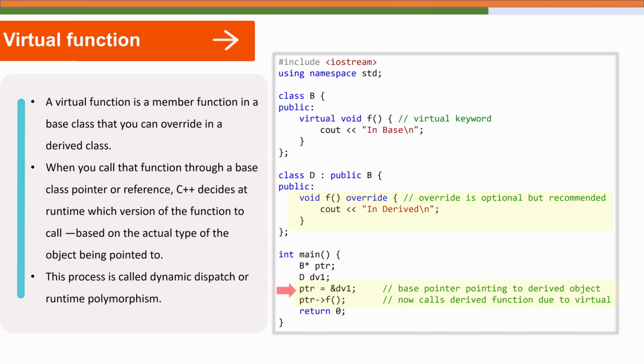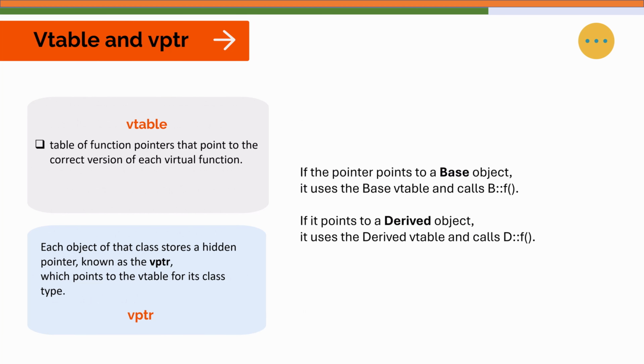Internally, when a class contains virtual functions, the compiler builds a hidden structure called the vtable. A vtable is basically a table of function pointers that point to the correct version of each virtual function. Each object of that class stores a hidden pointer known as the vptr, which points to the vtable for its class type.